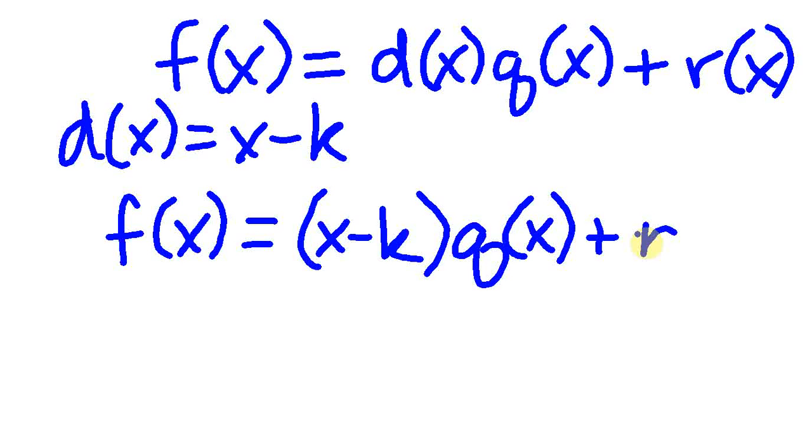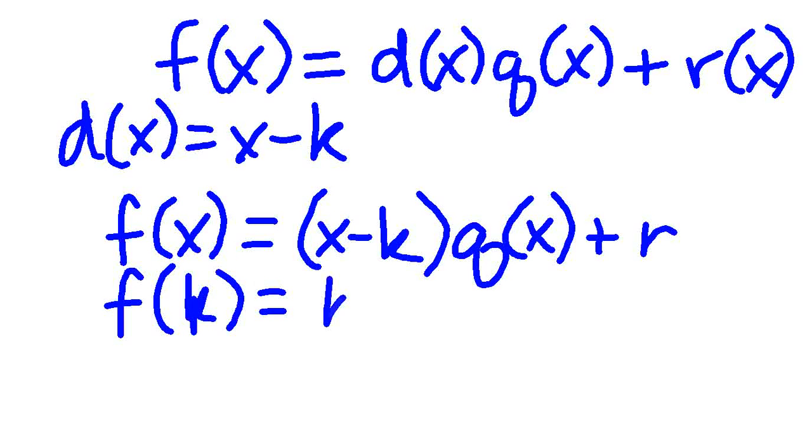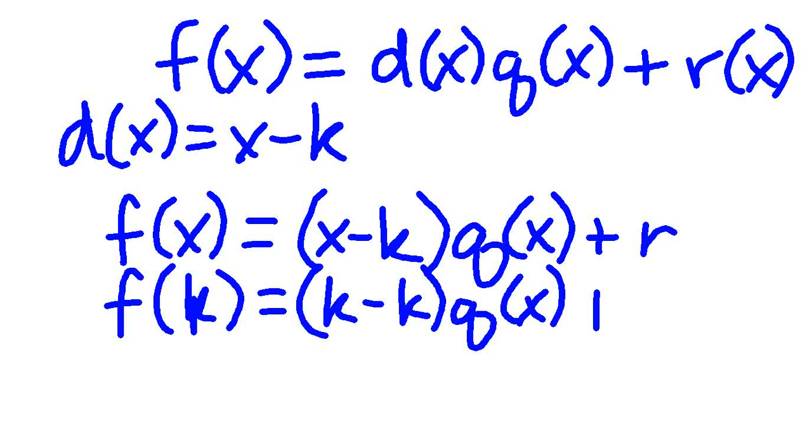Okay, and what happens when you plug in k here? Well, you get k minus k times a quotient plus a remainder. Okay, well, this k minus k, that's just 0. And 0 times your quotient is going to be 0. So you're just left with your remainder.